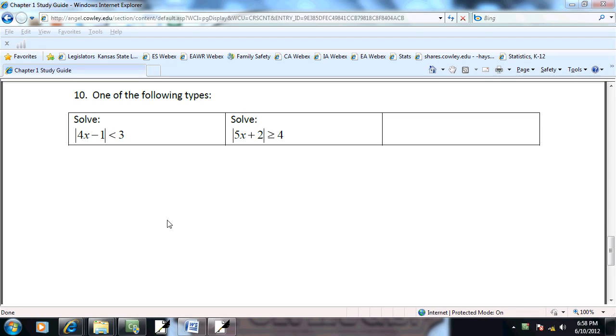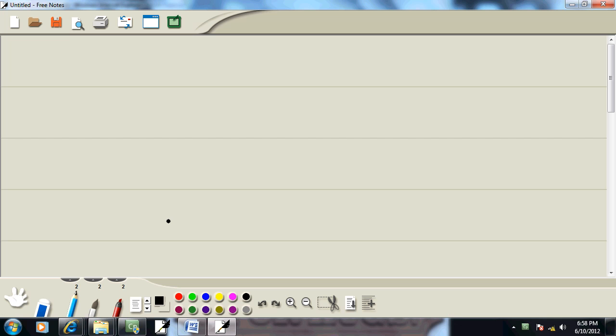Well, let's take a look at absolute value inequalities. Write down the formulas first. Now there's two cases of this.